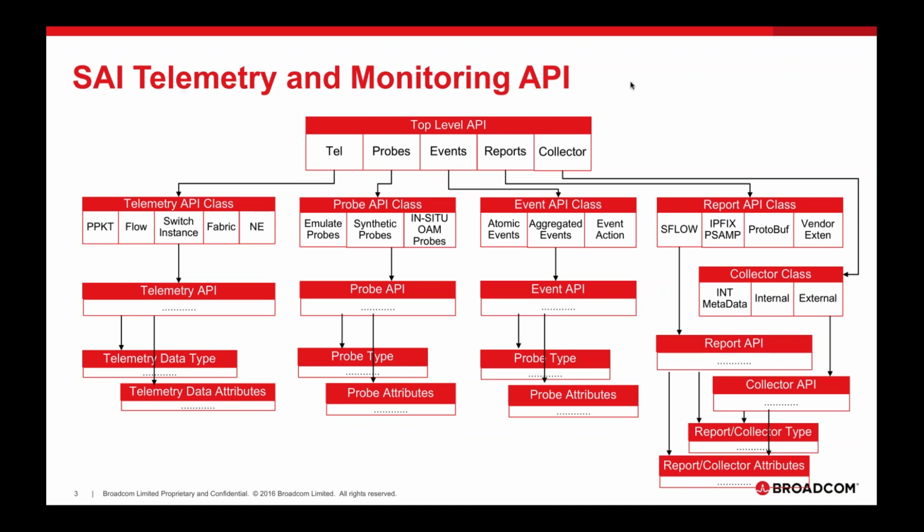Actually, there is a good comment from, I think, Dell, to make the telemetry events a marker attribute. So we are in the middle of making simple changes to make it really extensible. It's not really requiring defining a new set of APIs. We can make a very small change to make it really extensible, to incorporate not only telemetry classes, but probe classes and event classes.